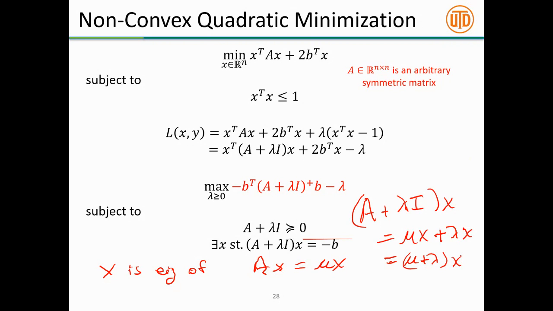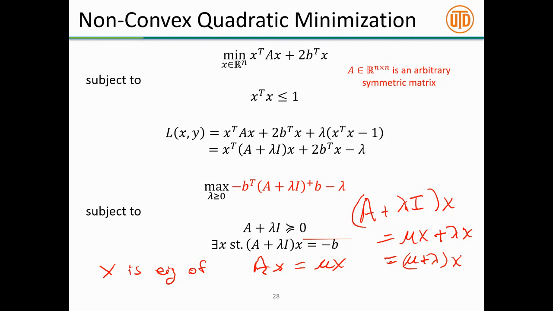So the eigenvectors of A plus lambda I are the same as the eigenvectors of A, and the eigenvalues shift by lambda. The same argument I showed before applies: A plus lambda I will be positive semi-definite as long as lambda is at least as big as the negative of the smallest eigenvalue of A, because when you add that to mu, you'll get 0.